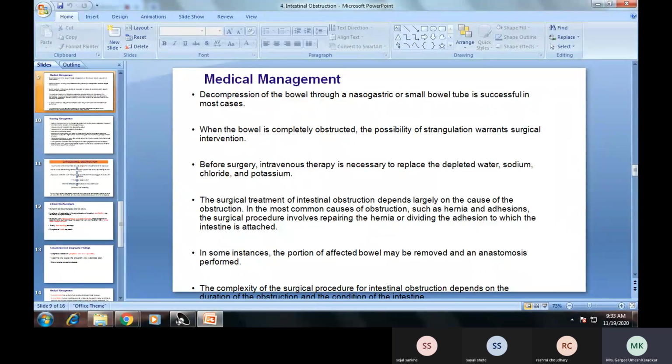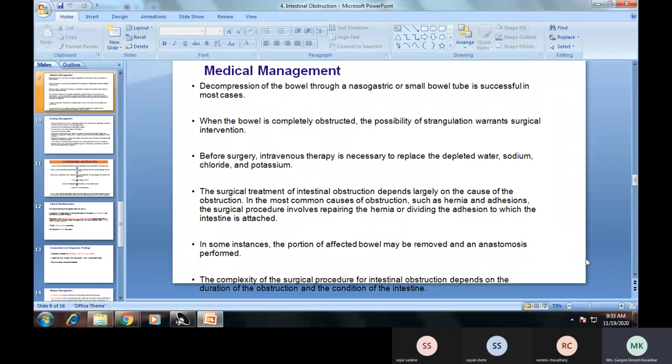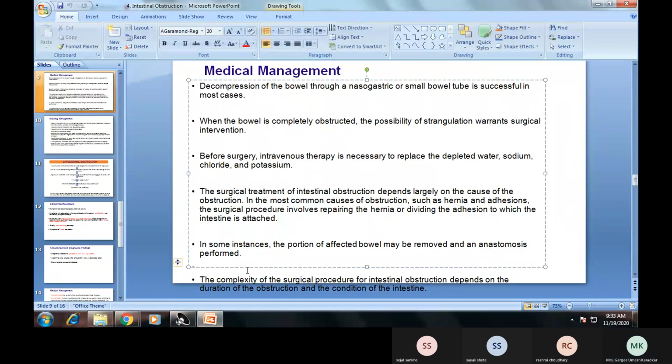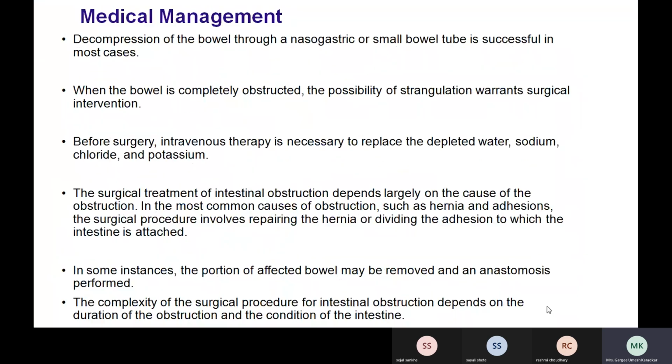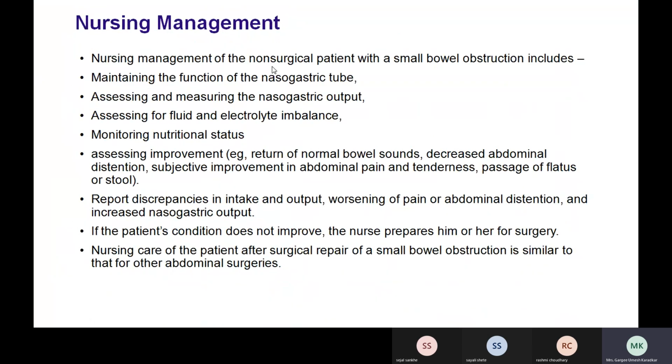The complexity of the surgical procedure for intestinal obstruction depends on the duration of the obstruction and the condition of the intestine. So that is medical management, and of course surgical management is included in it.